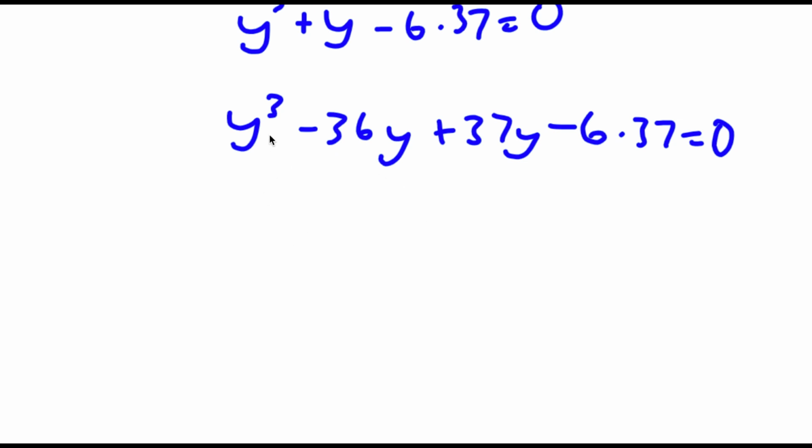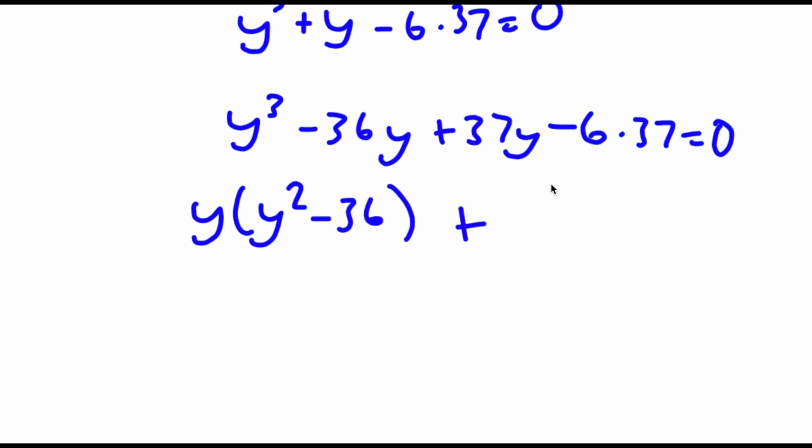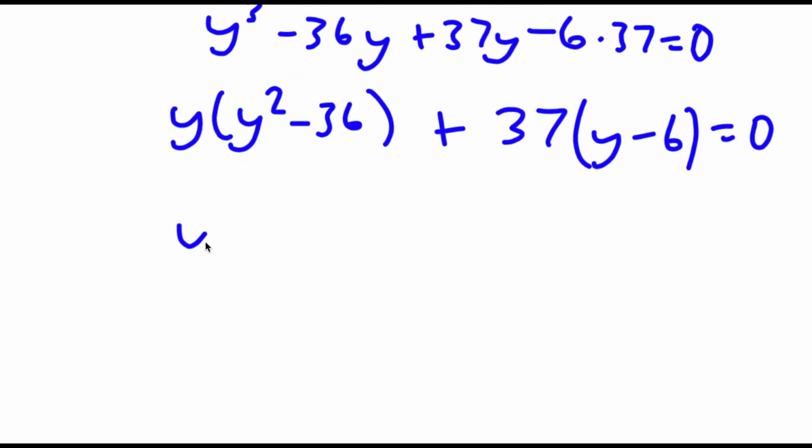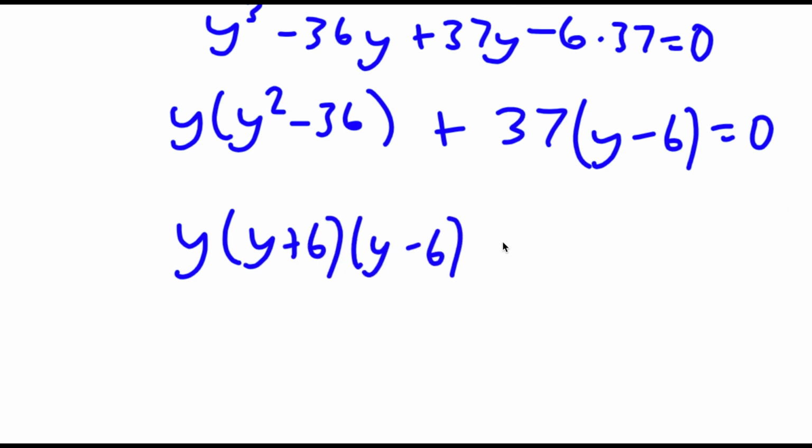So now, from y to the power of 3 minus 36y, I'm going to factor out y, so I get y times y squared minus 36, plus, from 37y minus 6 times 37, I'm going to factor out 37, so I get 37 times y minus 6 is equal to 0. And y squared minus 36, that's going to equal y plus 6 times y minus 6.